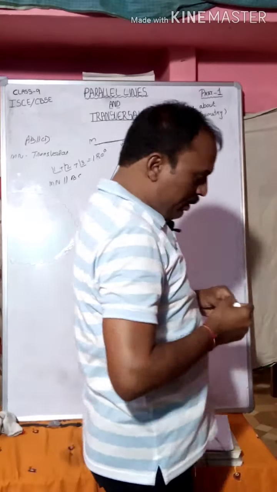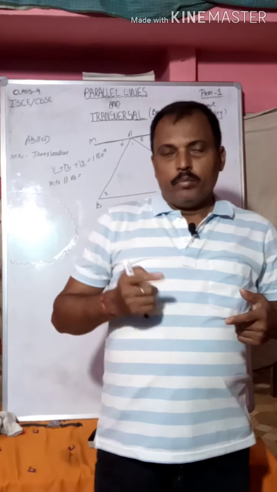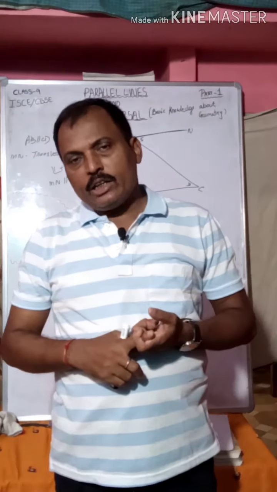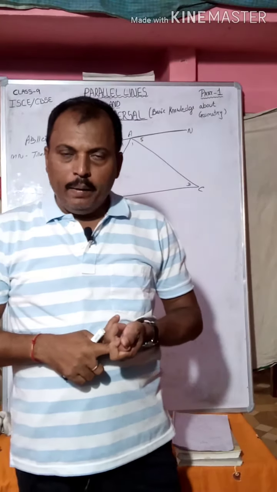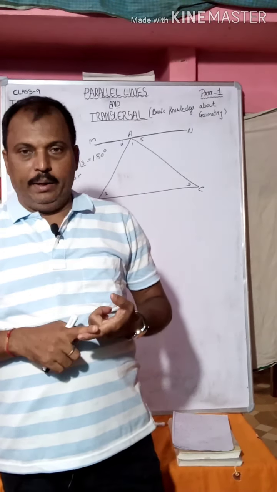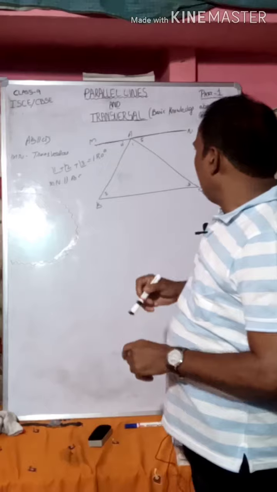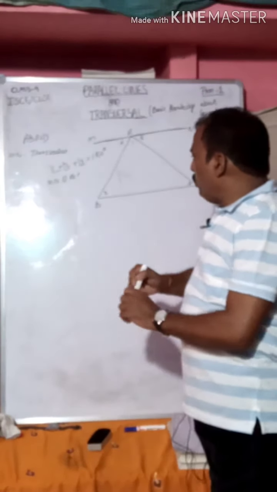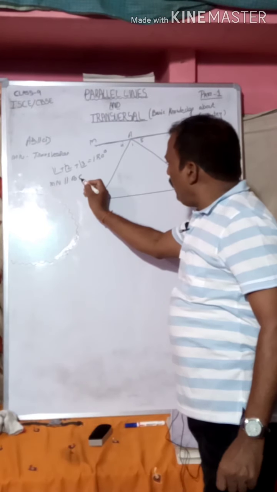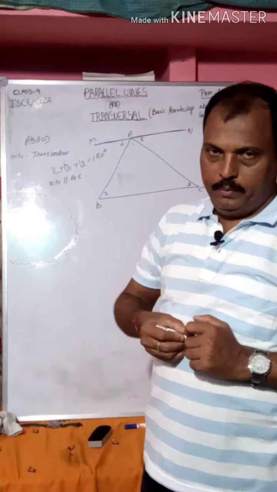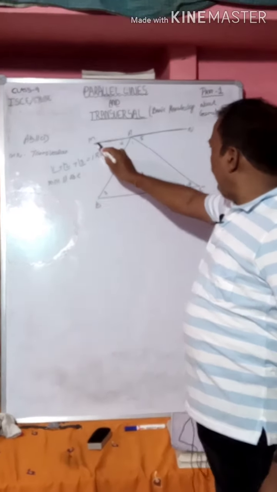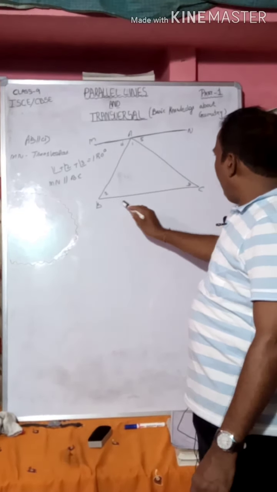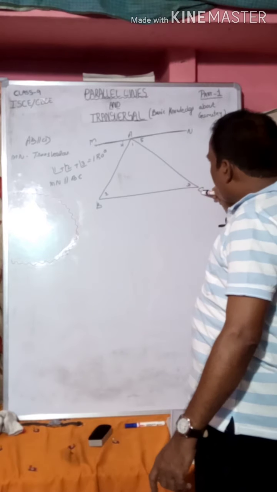How can we prove the sum of the angles of a triangle is 180 degrees by a parallel line? Look, MN is parallel to BC, so AC is a transversal.